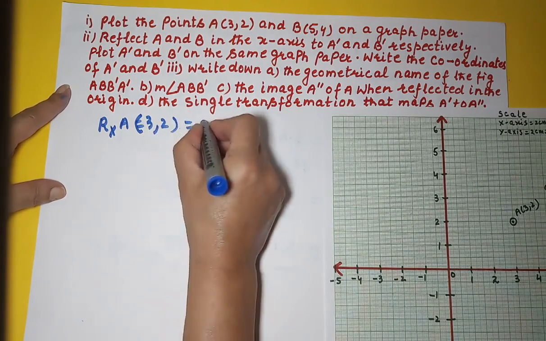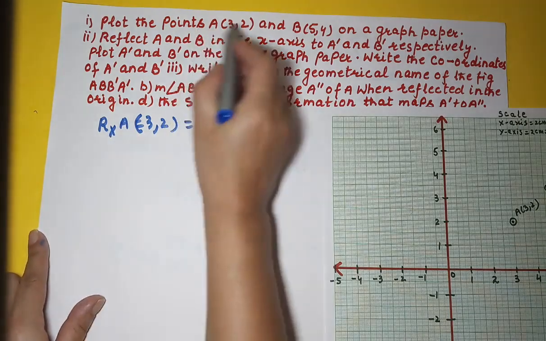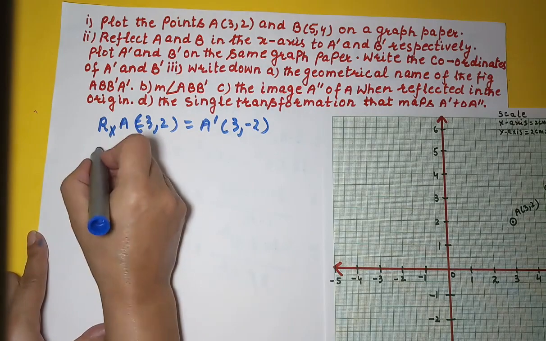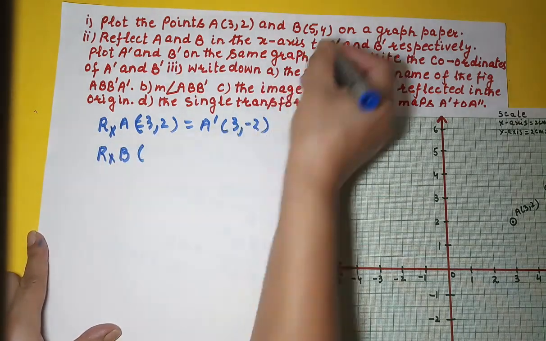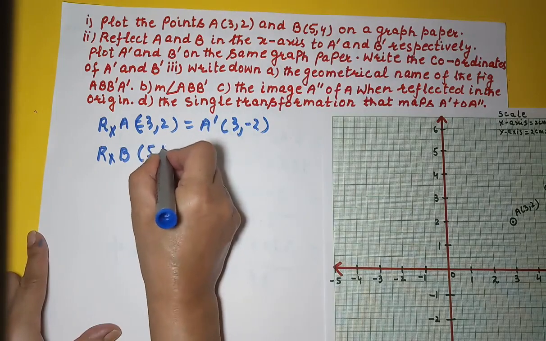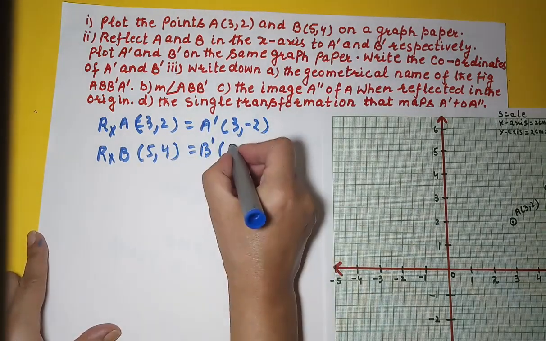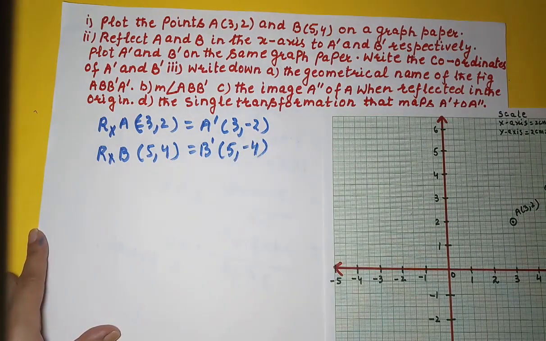So that will be A dash, and when I am reflecting it along the x-axis, the sign of the y coordinate will change: 3 and minus 2. Similarly, reflection of point B along the x-axis will be B dash, and the coordinates of B dash will be 5 and minus 4. Right?